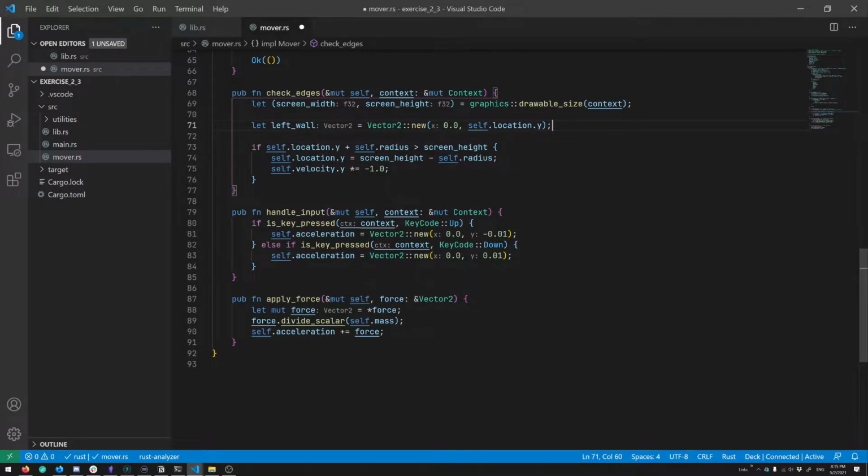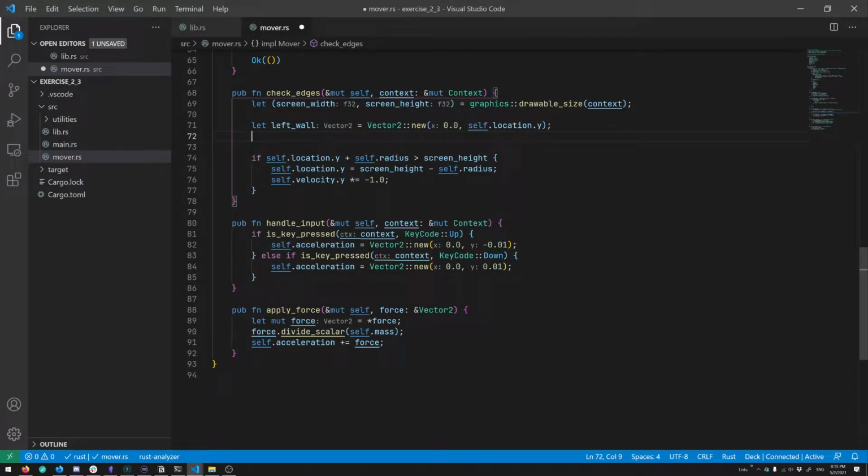So that gives us a vector all the way at the left-hand wall with the same height. And if I can now get the distance between those vectors, the vector is representative of that distance or difference. So we're going to call this force. I'm going to make it mutable because we're going to normalize it and scale it. It equals our left wall minus self.location.